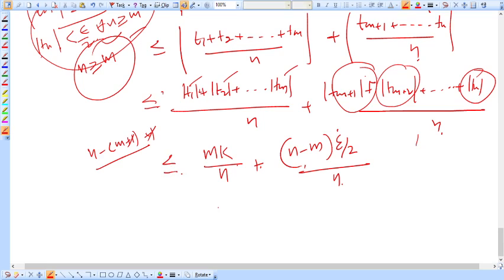This is the thing we get after the simplification, using 2 and 3.